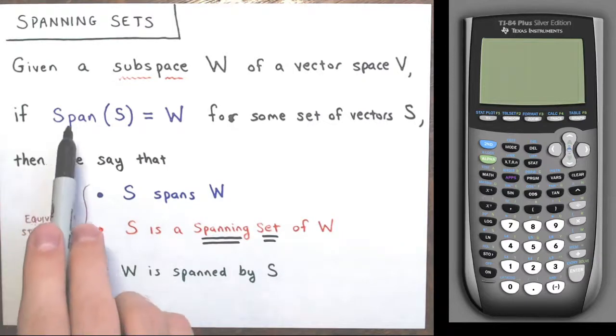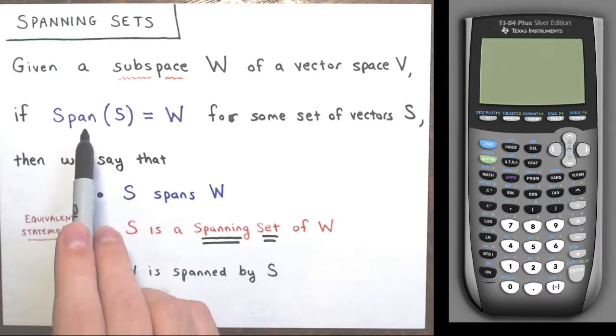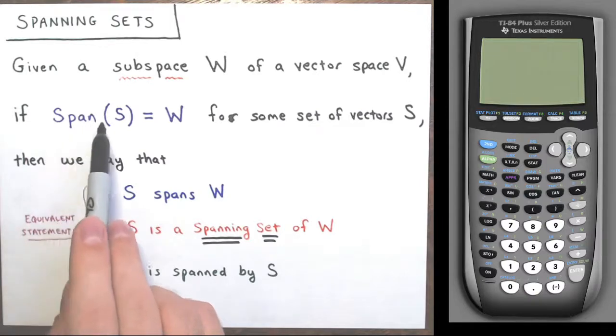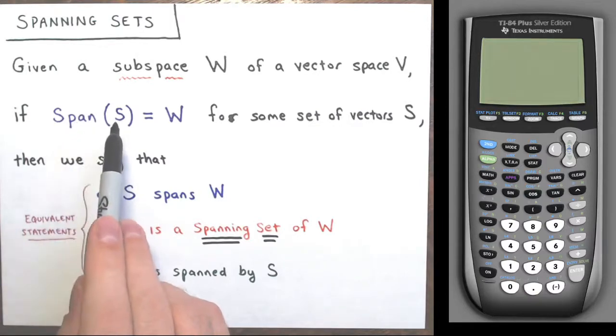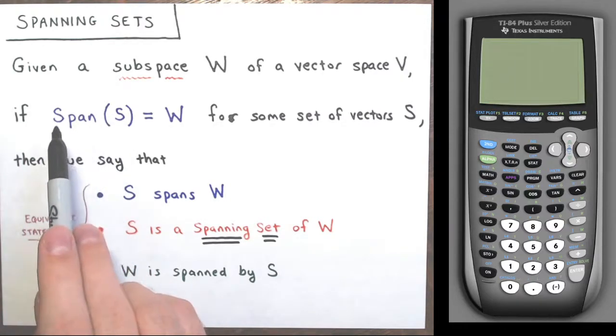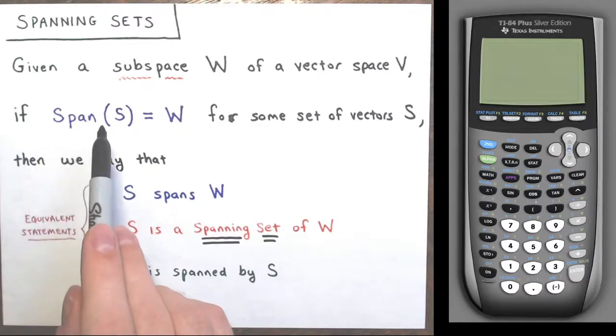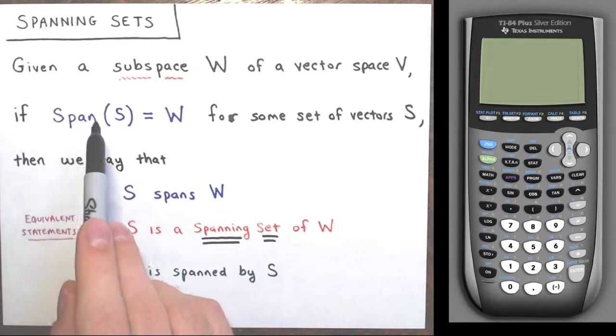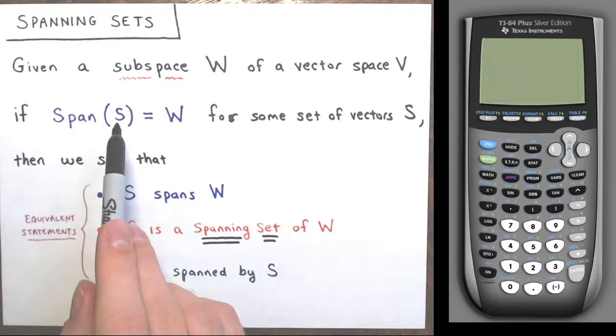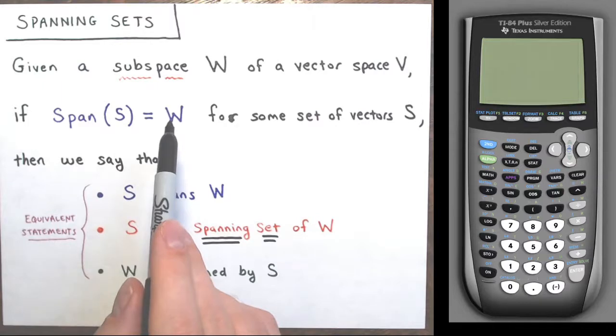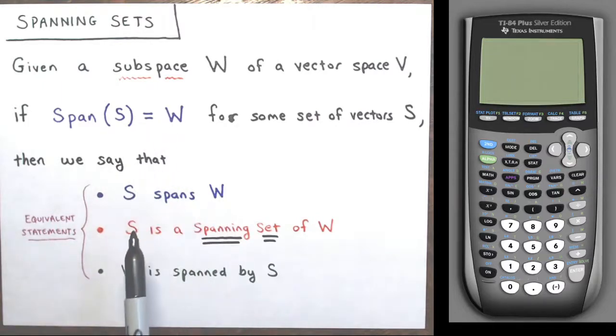I'm also assuming here that you remember, and we'll see this later too, when I talk about the span of a set of vectors, the span of S, remember that the span of S is the collection of all linear combinations of the vectors of S. So if the set of all linear combinations of the vectors of S is equal to the set W, then we say that S spans W, or S is a spanning set for W, or W is spanned by S. Okay.